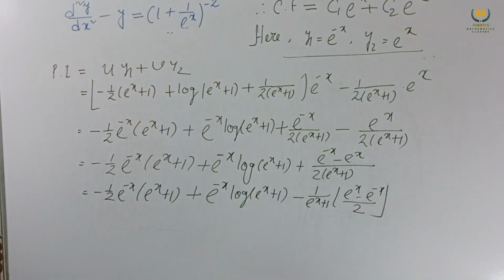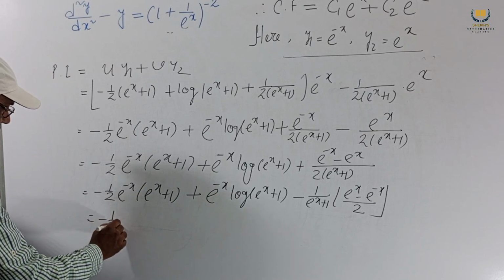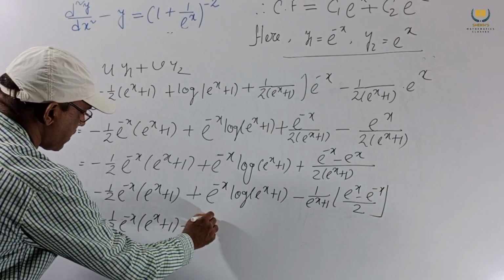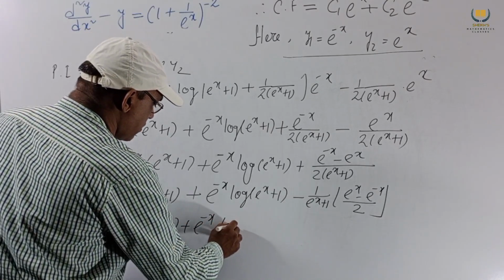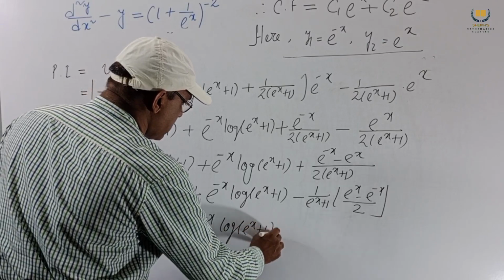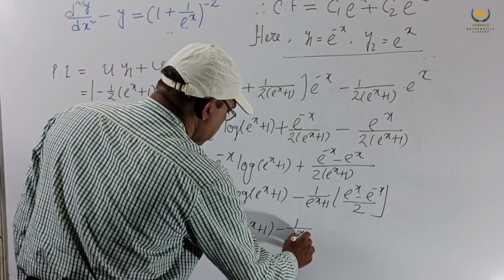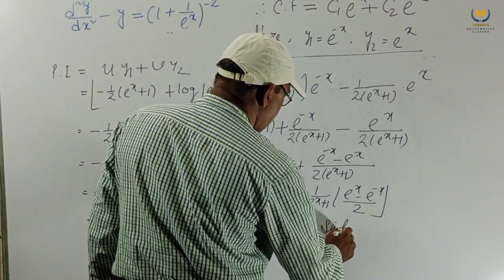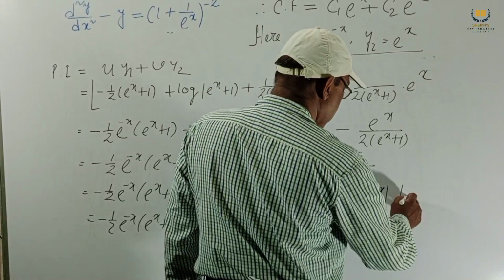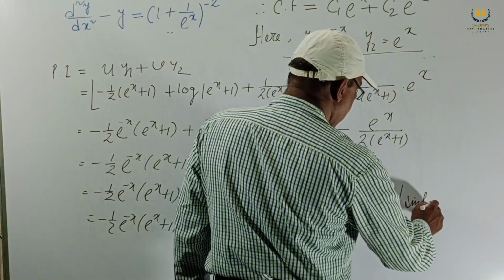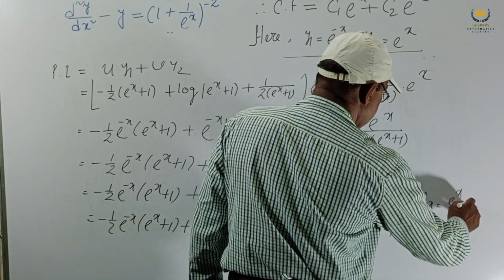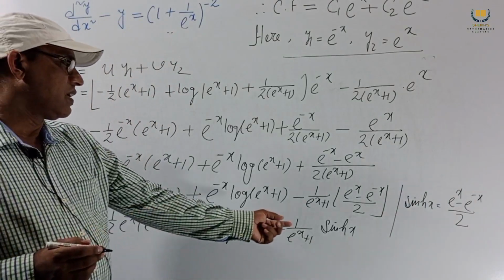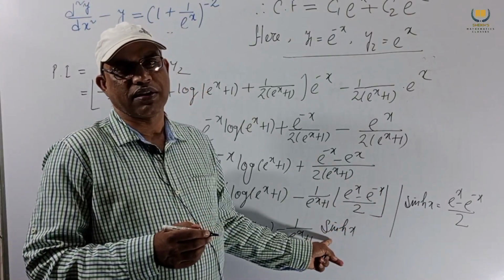We get this one, and these two terms remain the same, e to the power minus x, e to the power x plus 1, e to the power minus x log of e to the power x plus 1, 1 by e to the power x plus 1, and this is sine hyperbolic x, because we know this formula: sine hyperbolic x equals e to the power x minus e to the power minus x by 2. For this value, we write sinh x.